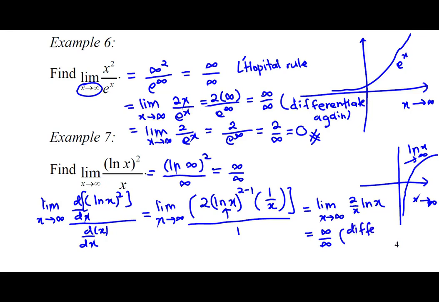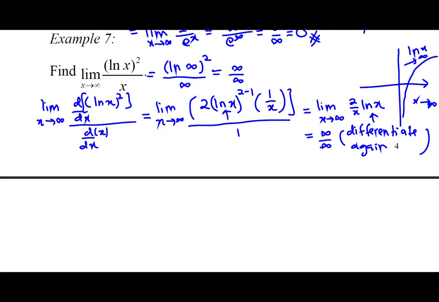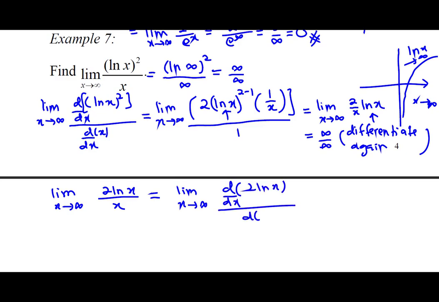So differentiate again. You have the limit as x approaches infinity of 2 ln x divided by x. Differentiate 2 ln x with respect to x, and differentiate x with respect to x.